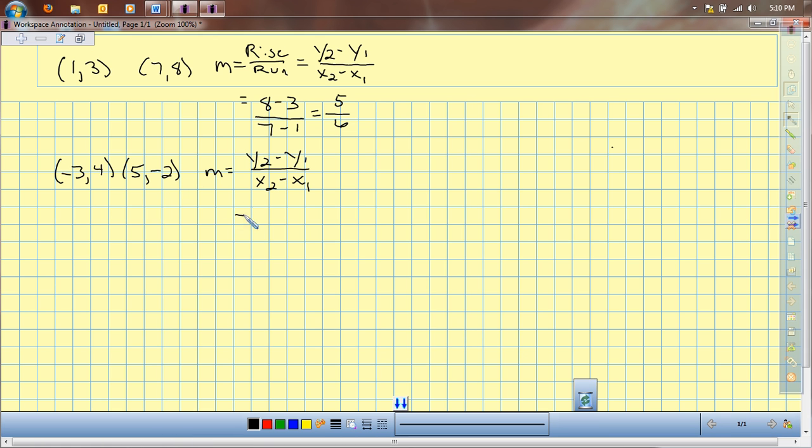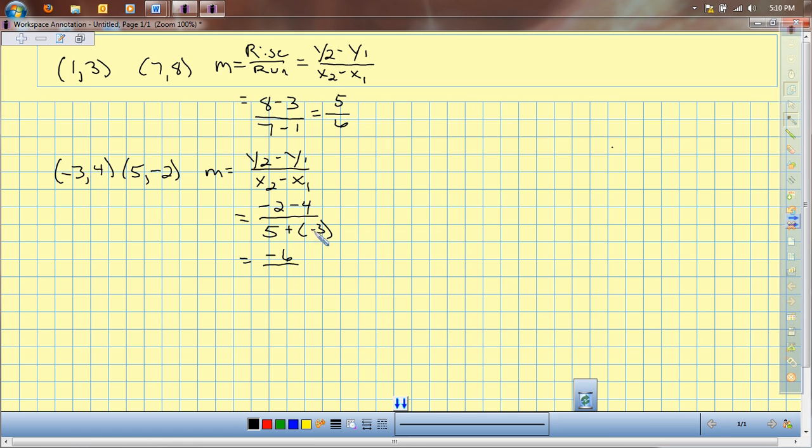Okay, so fill in the blanks. y2, we have a negative 2 minus 4, and we have x2, which is 5, minus x1, so we have minus a negative 3. Negative 2 minus 4 is going to be a negative 6.